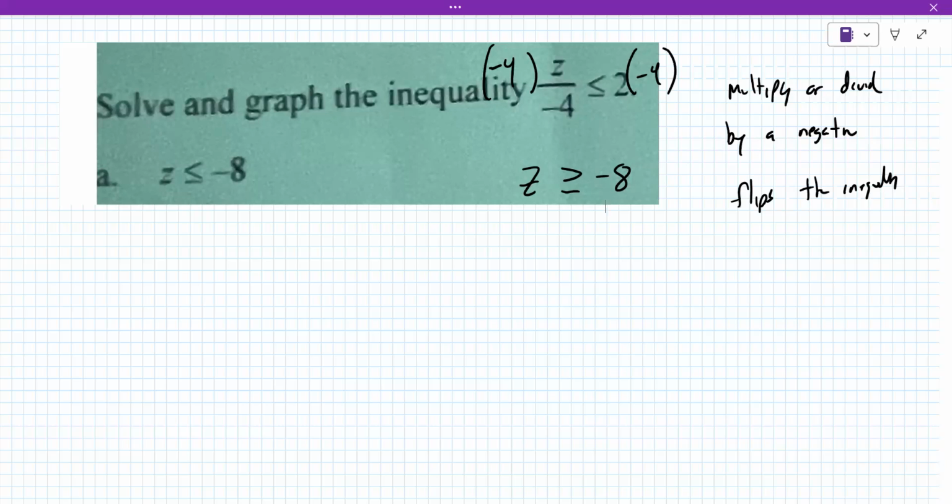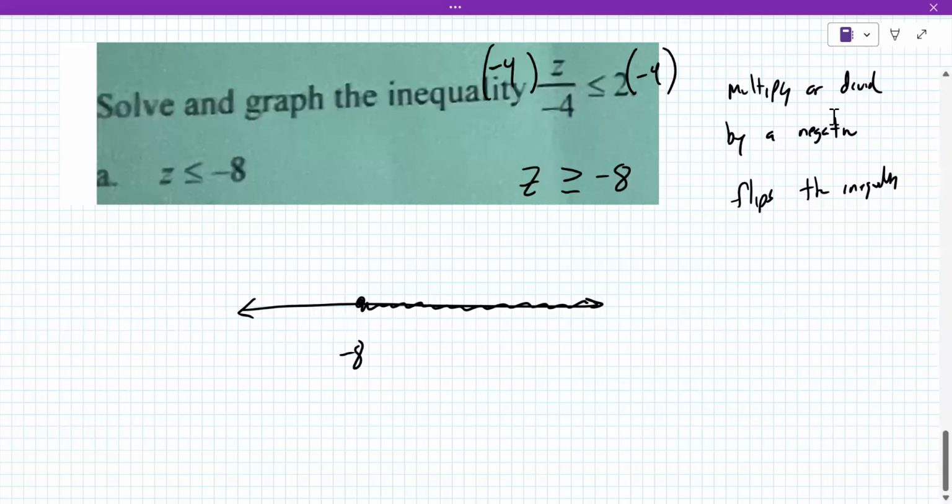Which of those four graphs is it? Oh, D, right? Yes. Very good. So the thing you have to remember is that multiplying or dividing by a negative flips the inequality. That's the key to doing these correctly.